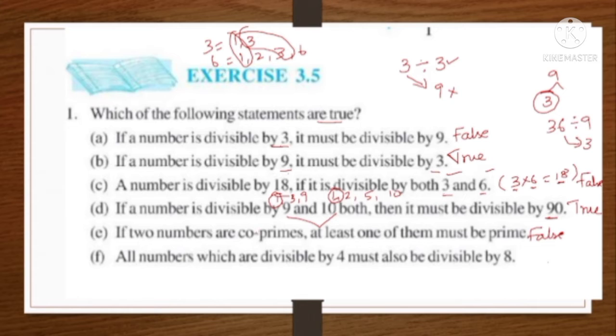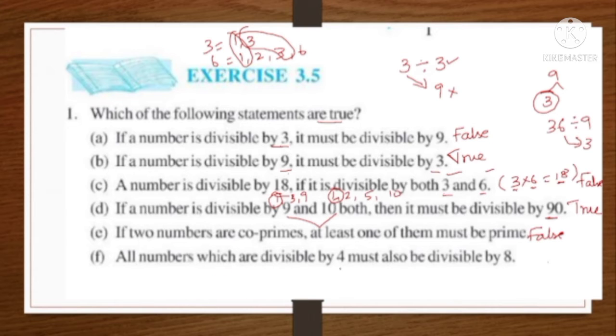Co-prime means the common factor should be 1. What is a prime number? The number must have only the factors 1 and the number itself. So there is no such rule that if two numbers are co-prime, then one should be prime. So the statement is wrong. So it is false.